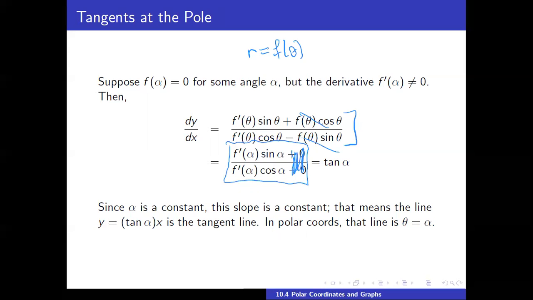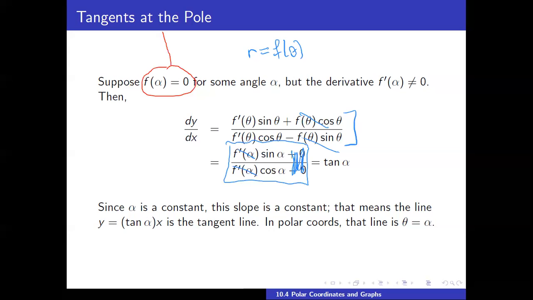Well, f prime of alpha would cancel, and I would just be left with sine of alpha over cosine of alpha. Do you see that? But that's just tangent of alpha, yeah? So where are we? Think about it. If f of alpha is equal to 0, that means the radius is 0, which means where are we sitting? If f of alpha is 0, where are we sitting?